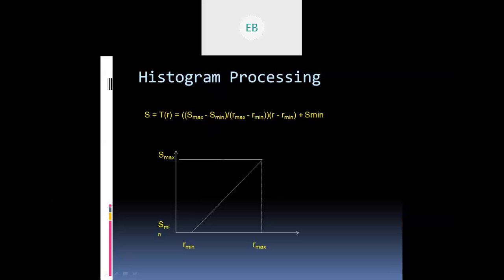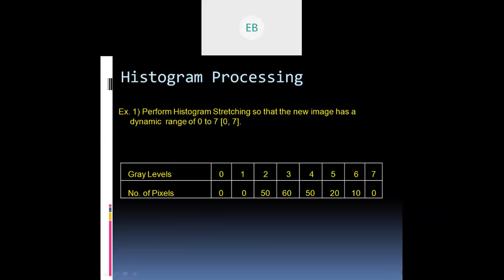Okay, today we'll do a sum. I'll explain a sum, and I'll also let you do a sum. Suppose we have a sum of performing histogram stretching on an existing image so that the new image has a dynamic range of 0 to 7.